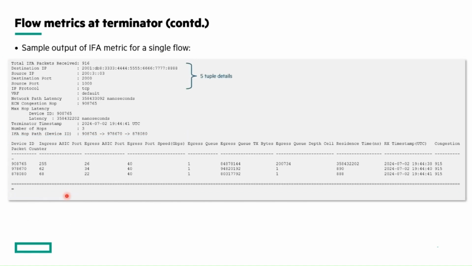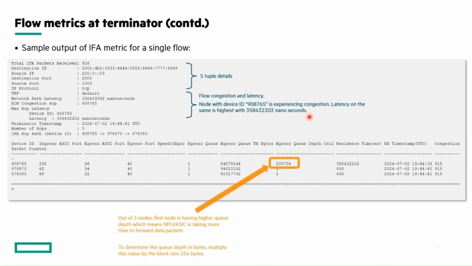Now, at the top you have your 5-tuple details that were collected from the original flow header. Next, you will have the flow level congestion and latency details, plus the node with device ID. So if you notice here, the node with device ID 908765 is experiencing congestion. The latency on the same node is this value, for this many nanoseconds.